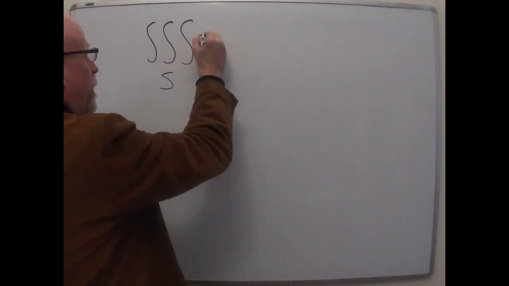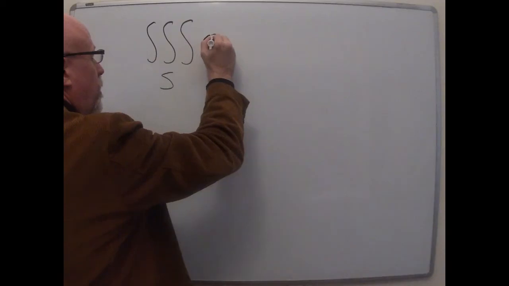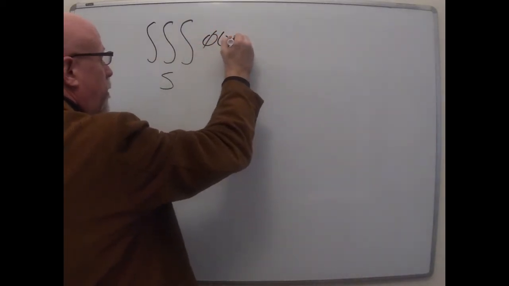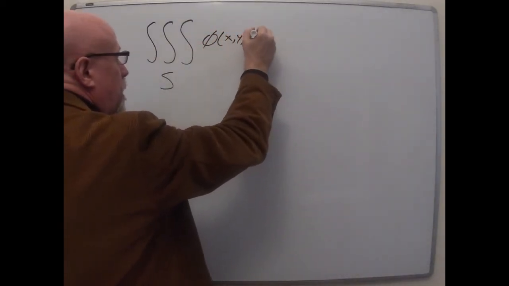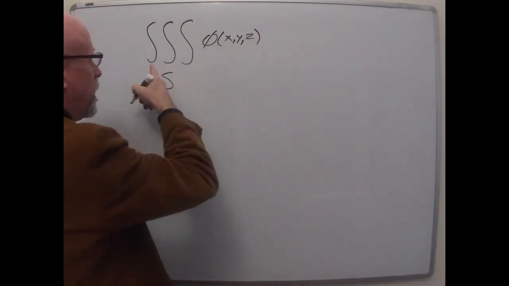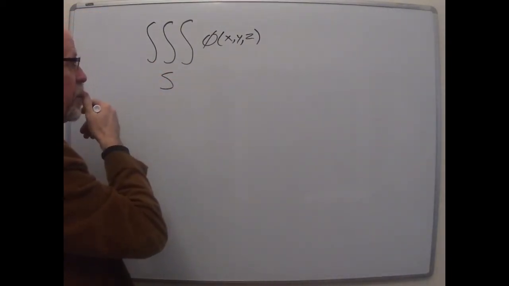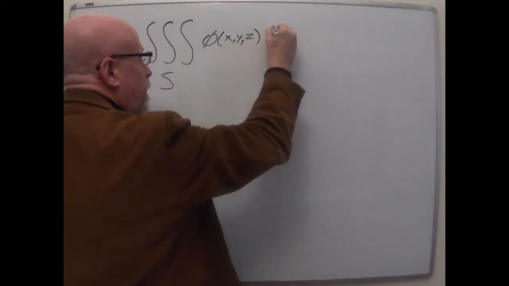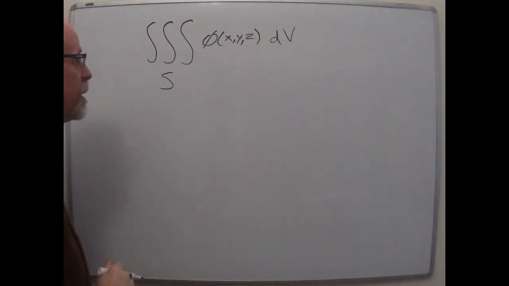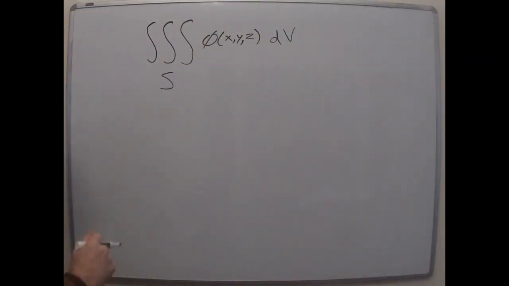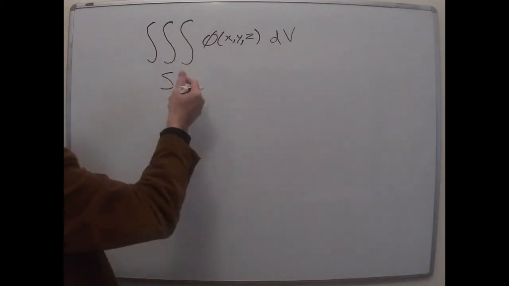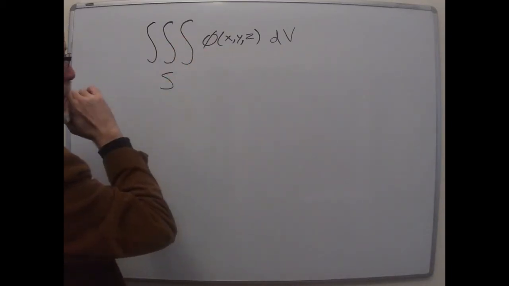And there'll be some function, let's call it phi of x, y, and z in here. And the integral is done with respect to volume. We say dv. So one of the ways you can interpret a thing like this, phi here might be a density.